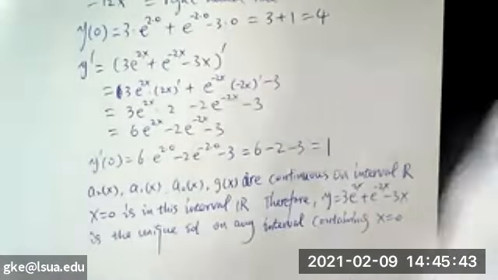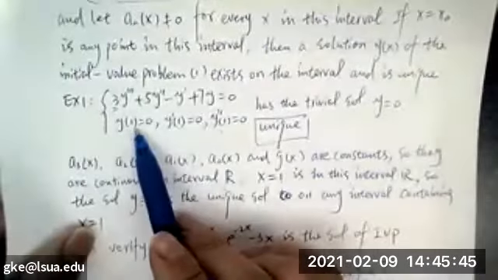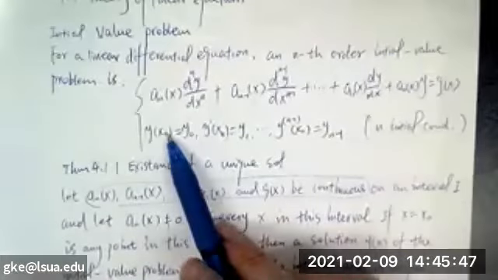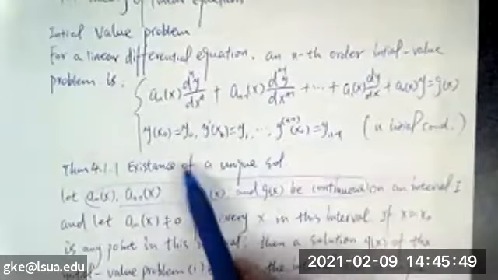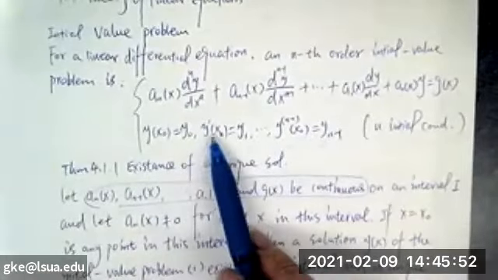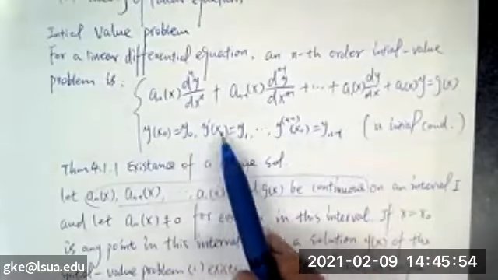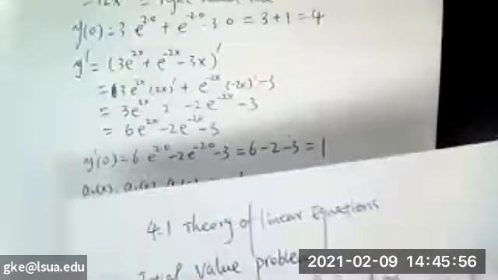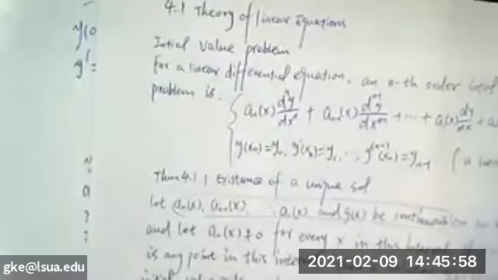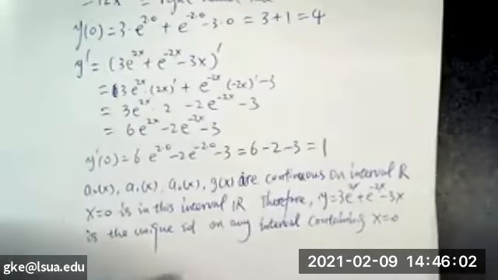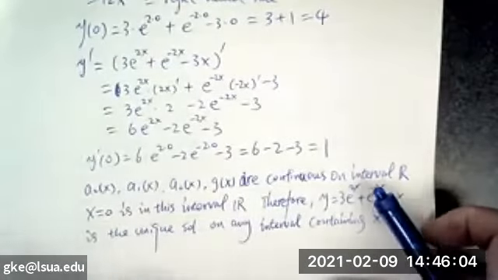We have only 1 point. For example, here or here, x0, right? And if we add conditions, we just take the derivative. And for the boundary value problems, we're going to have at least 2 points. Okay, 2 points. So let's take a look at the definition of boundary value problem.